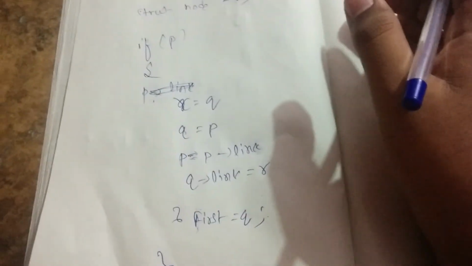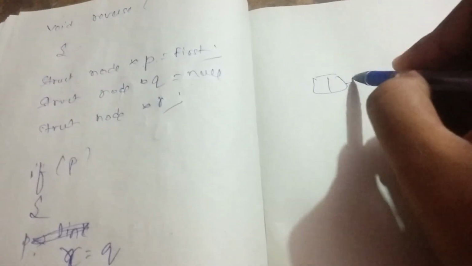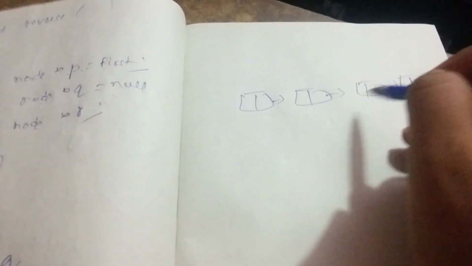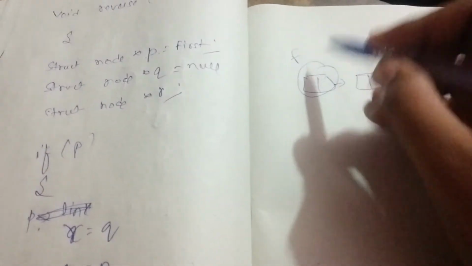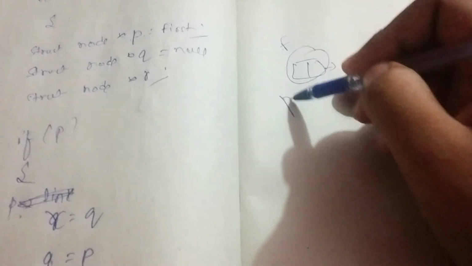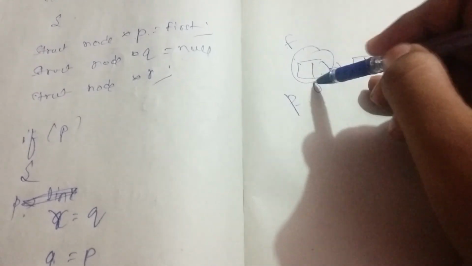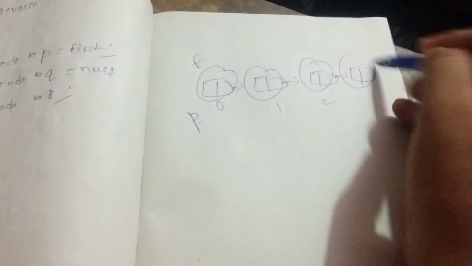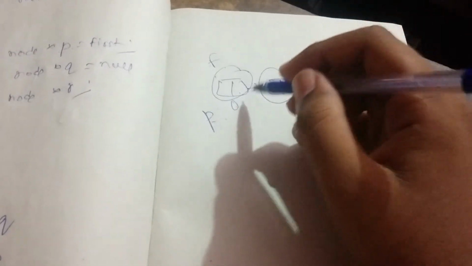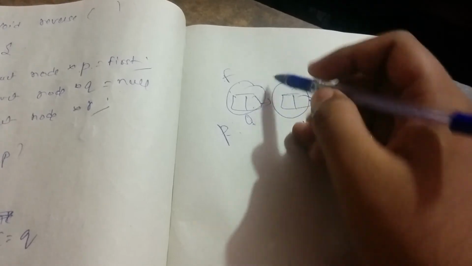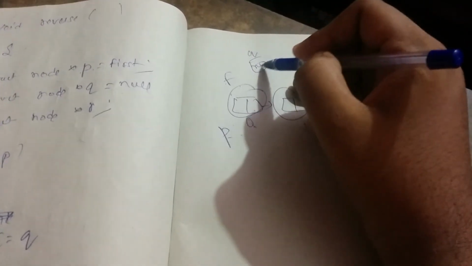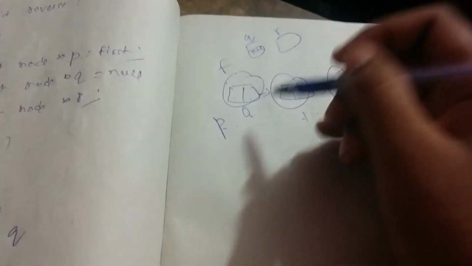Look at the code much more carefully. So this is the first node, and I'm assigning the same link to p. So p and first are pointing to the same node, with addresses 0, 1, 2, 3. So what we are doing is putting q as null and r as nothing.